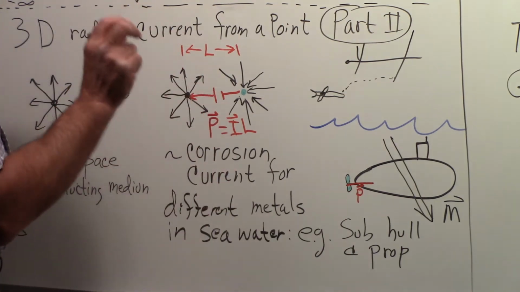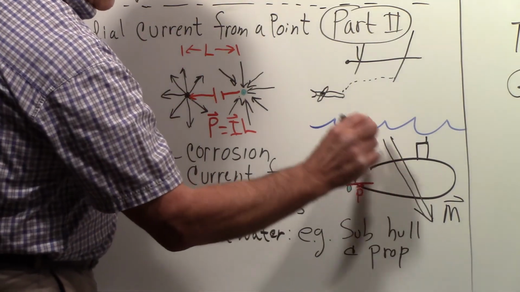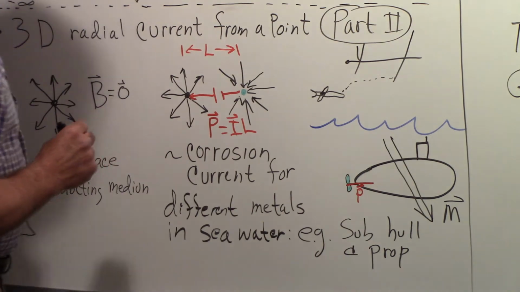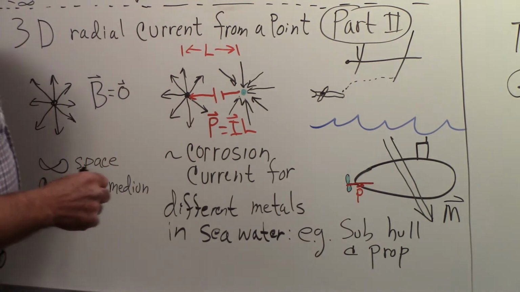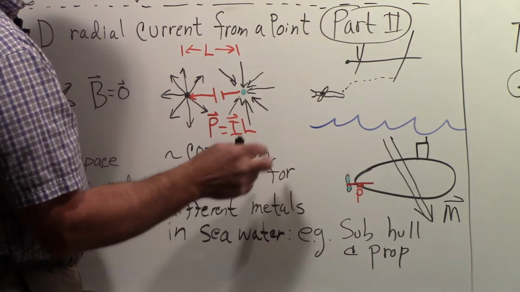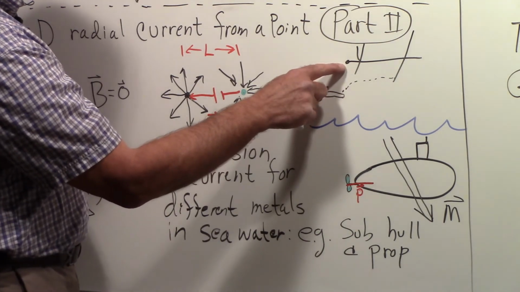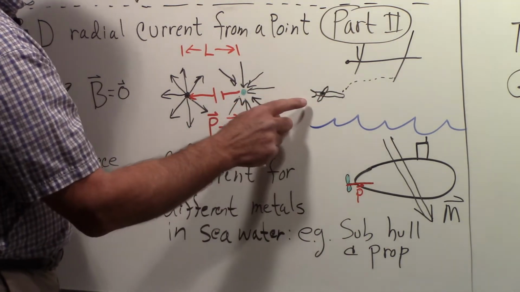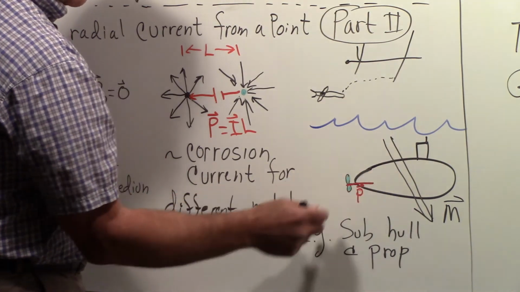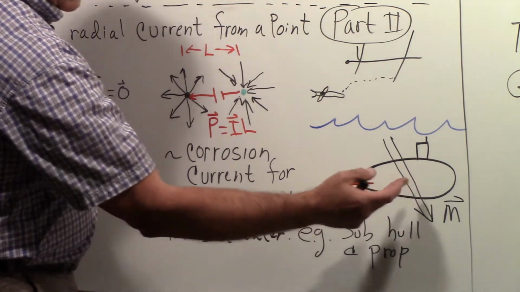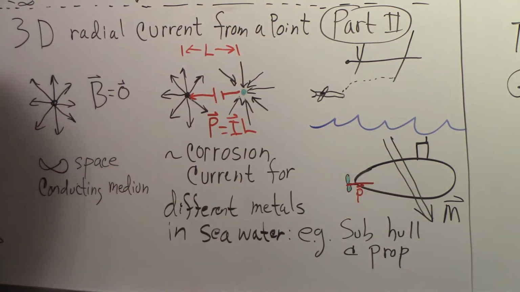A submarine will also have a magnetization from the steel hull. And if you fly over the ocean with an aircraft equipped with a magnetometer, you will see a magnetic field from the submarine consisting of the magnetization and this electric current moment.